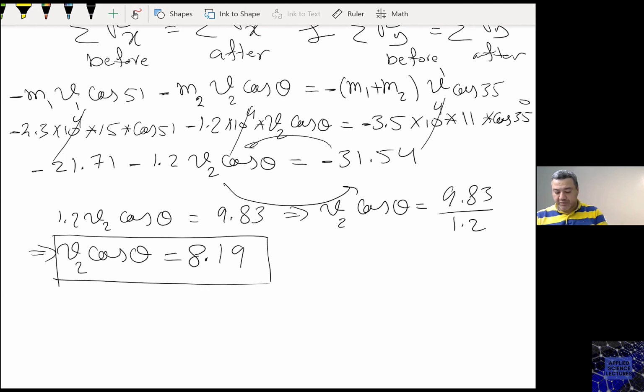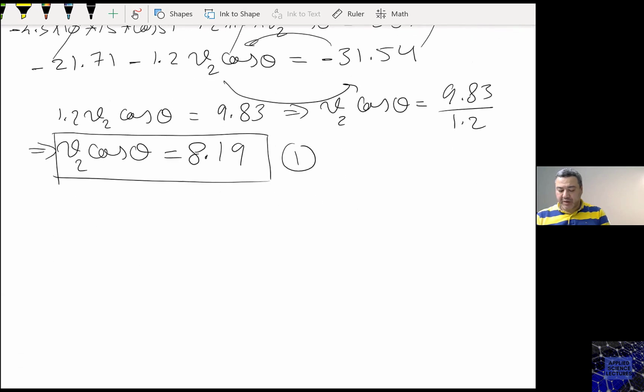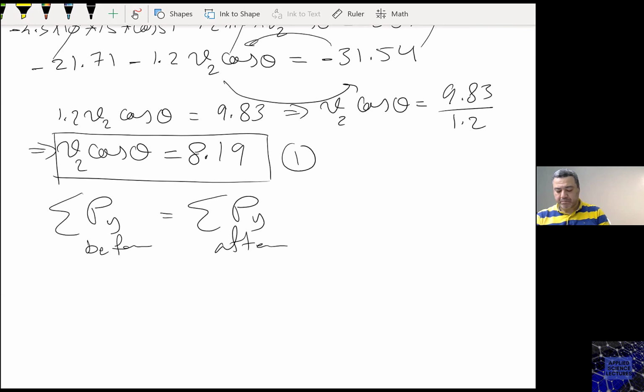I call this one equation 1. Then the second equation comes from the conservation of momentum for the y component. Let's see what we have here.